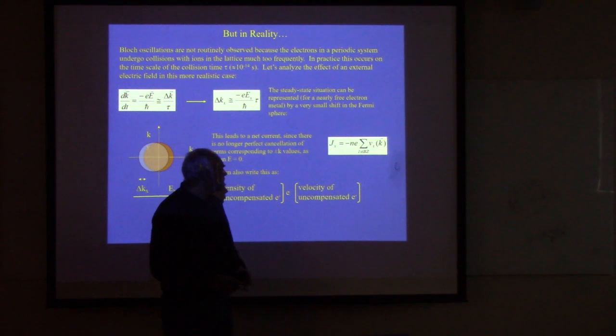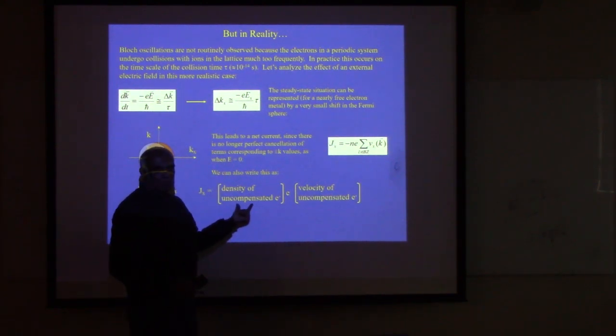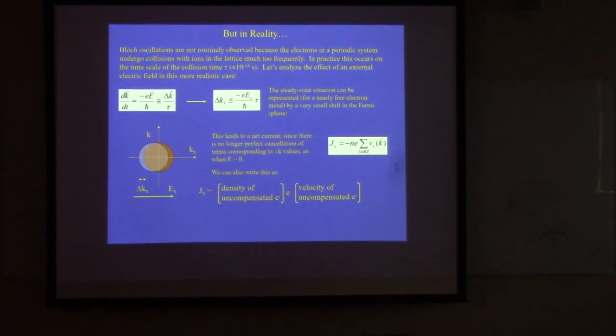So how do you calculate that? That's pretty simple. dn is basically the density of states times delta E, right? Delta E you can write in terms of delta k, because remember how E and k are related.